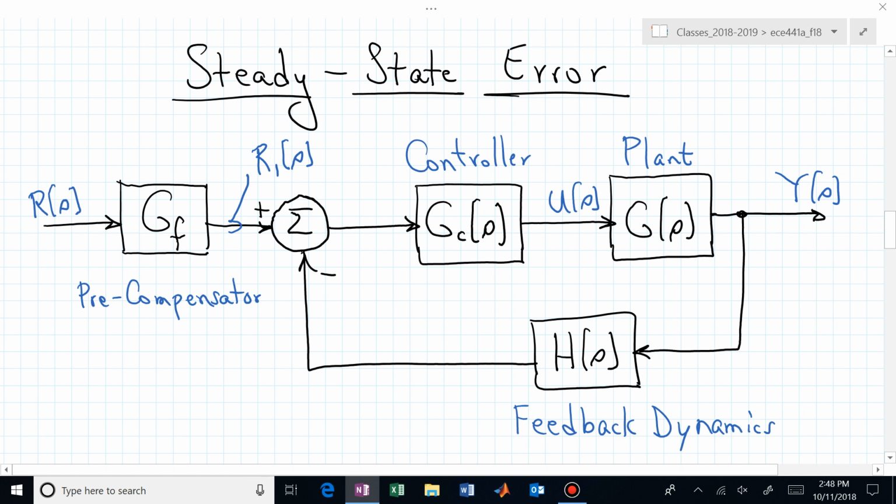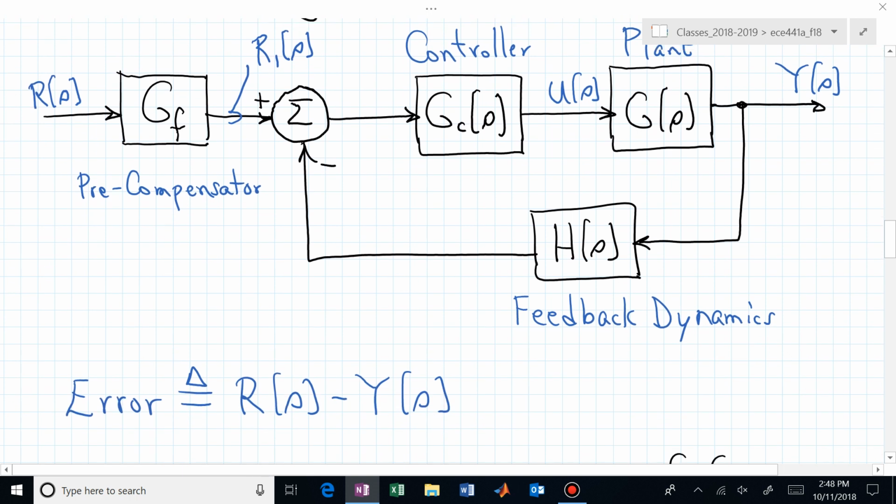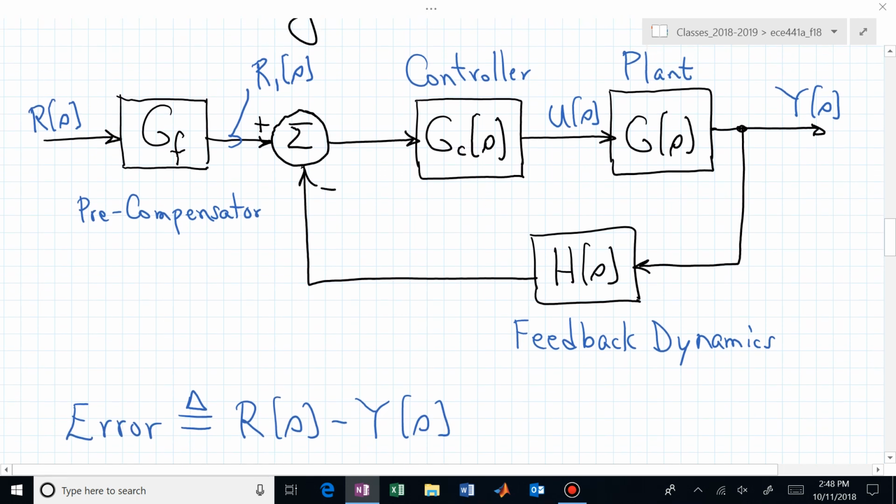Let's now look at what this would look like if somebody said, well, what's the steady state error for this configuration of a controlled system? Well, the steady state error typically is how does the output Y compare to the reference input R? And in that case, this is a little bit more than our generic case, because we have a G sub F in there, we have a G sub C.